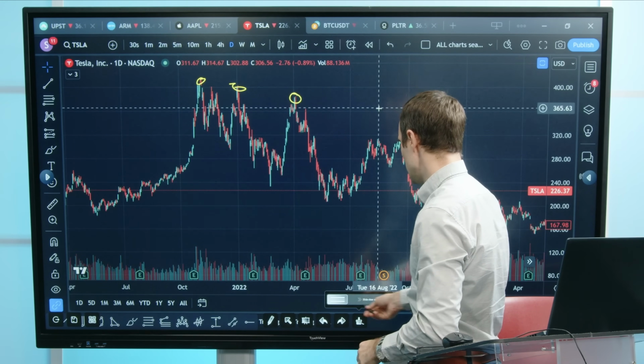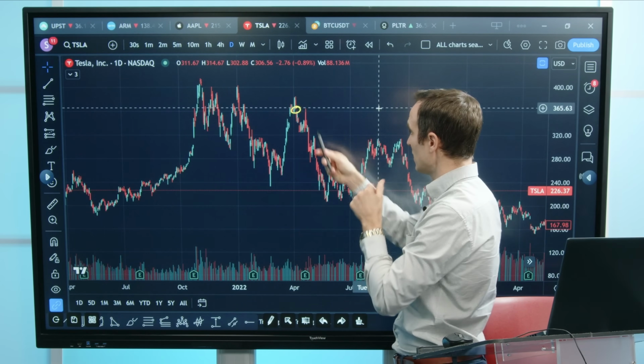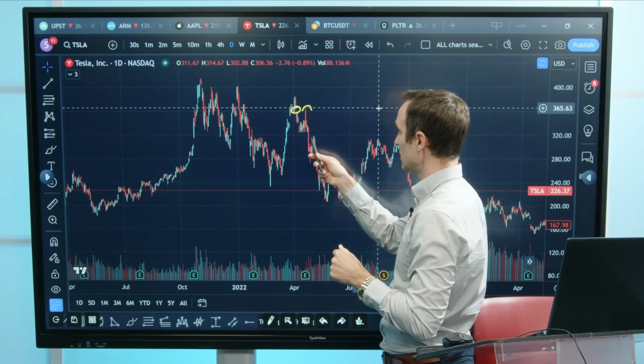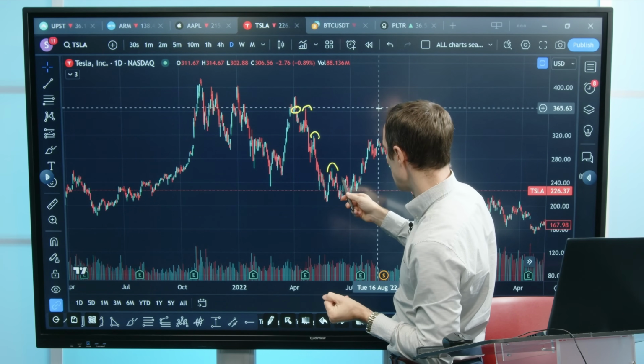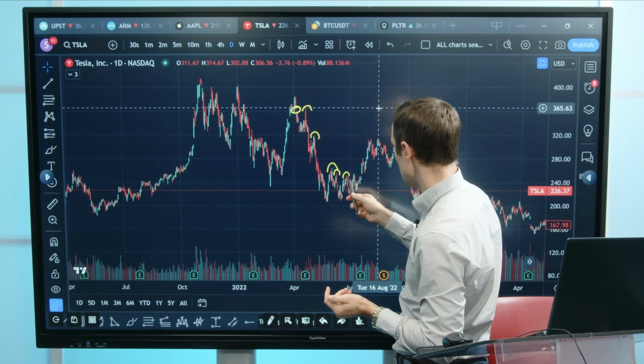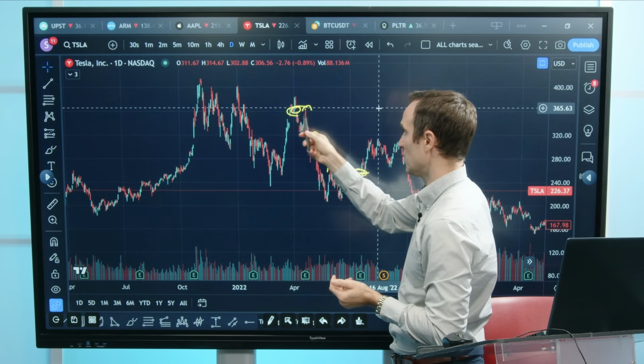And let's say you decided to re-enter, again, right here on the close of this candle. You can put your stop here, here, here, and eventually, let's say here or here, and you would have been stopped out somewhere in this area, maximizing your gain from here to here.